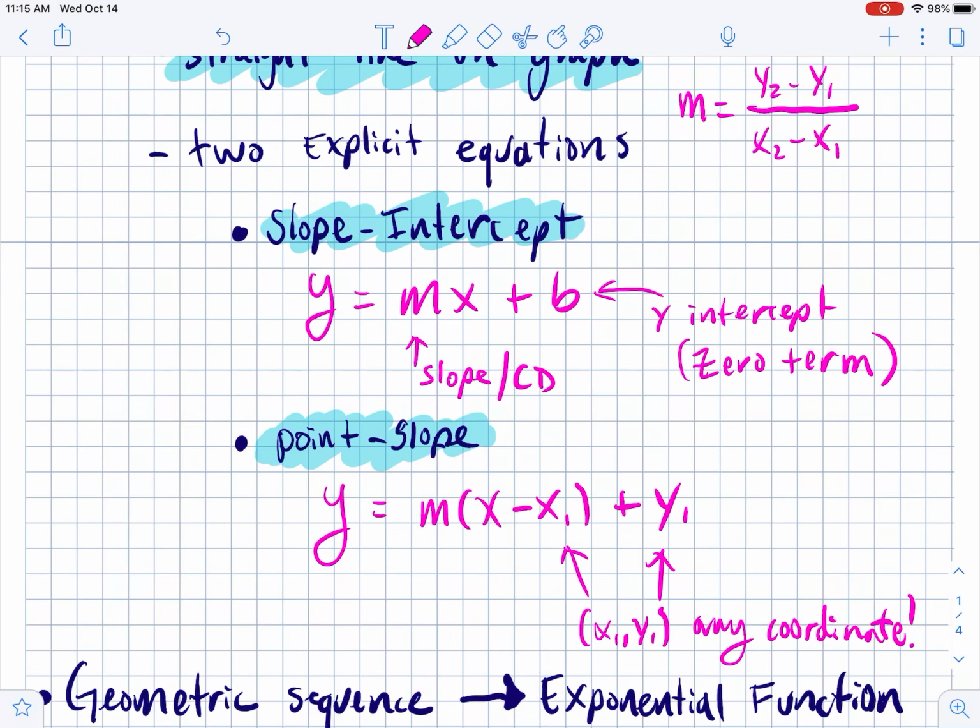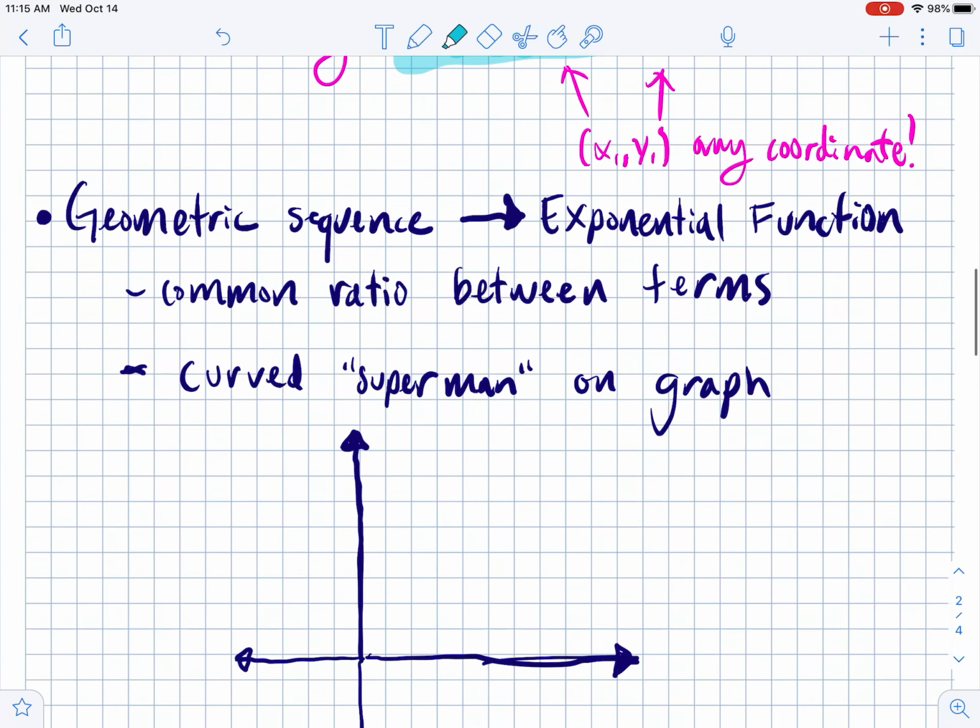It doesn't have to be the zero term or the first term. It could literally be any term. Now, you could always use some algebra to turn this into slope-intercept if you want. But just know that this is the form of point-slope, and this is the form of slope-intercept.